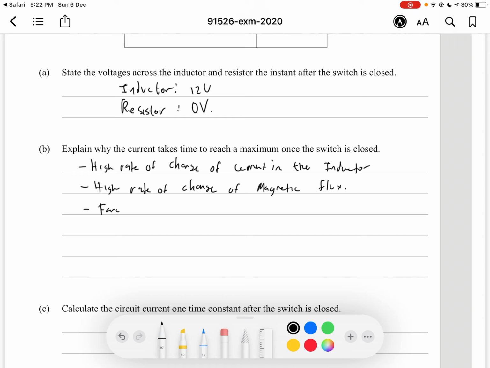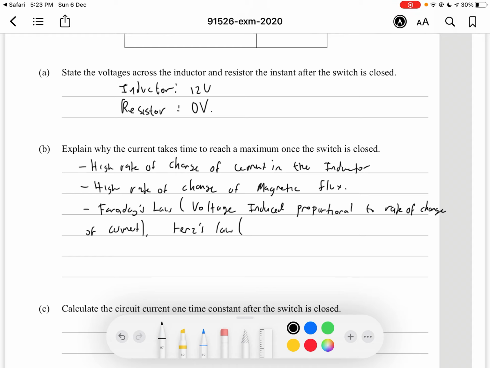Then you can link that to Faraday's law: voltage induced is proportional to rate of change in current. And there's also Lenz's law, so the voltage opposes the change that causes it.